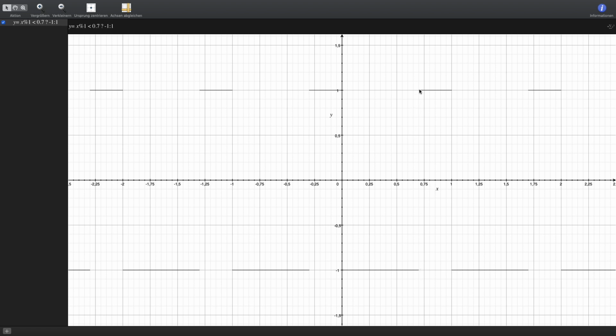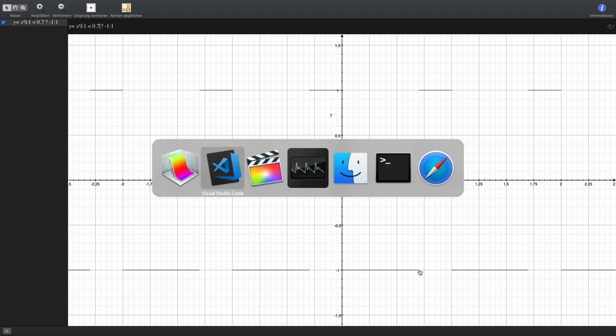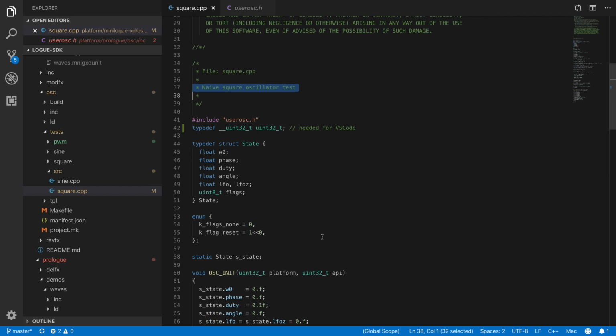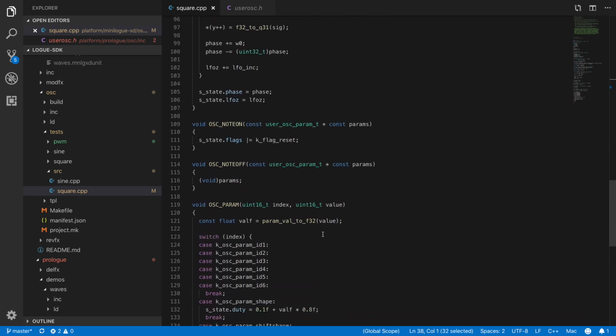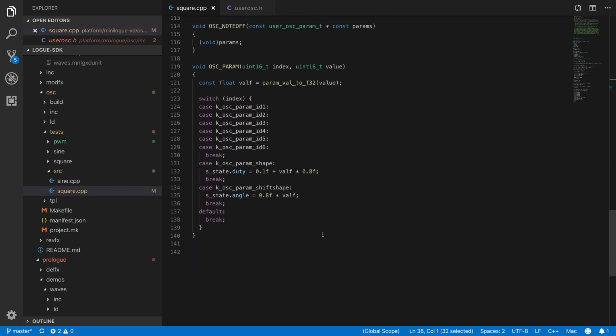And sharp edges in digital systems mean aliasing. Aliasing is unwanted frequencies that you get when you are creating sharp edges. And this is not going to sound nice. You have to do something about this, but that's the topic of a different part of the series.